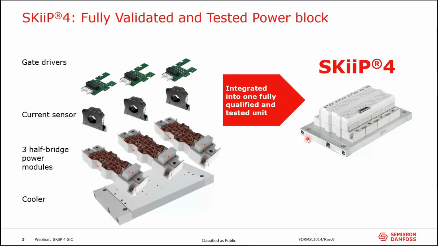We will start with the same slide as it was for SKiiP 7, just to get an understanding of what the SKiiP is. As you can see on the picture, we have power modules that are mounted onto the heatsink. We have current sensor included in the power module, and we do not have any base plate. That means that the power modules are mounted directly onto the heatsink.